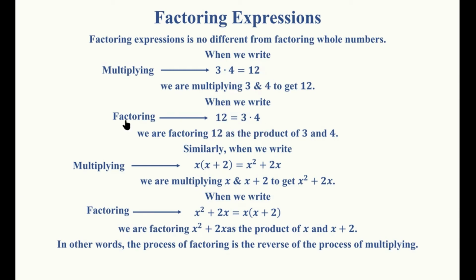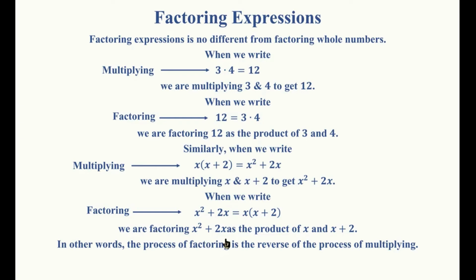So it's the reverse process of multiplying. If I write x times x plus 2 and I distribute the x, I get x squared plus 2x. We call this process multiplying. But if we start with x squared plus 2x and realize that I can write this as x times x plus 2, then what we have done is called factoring. So to write as a product of two factors is the process of factoring.